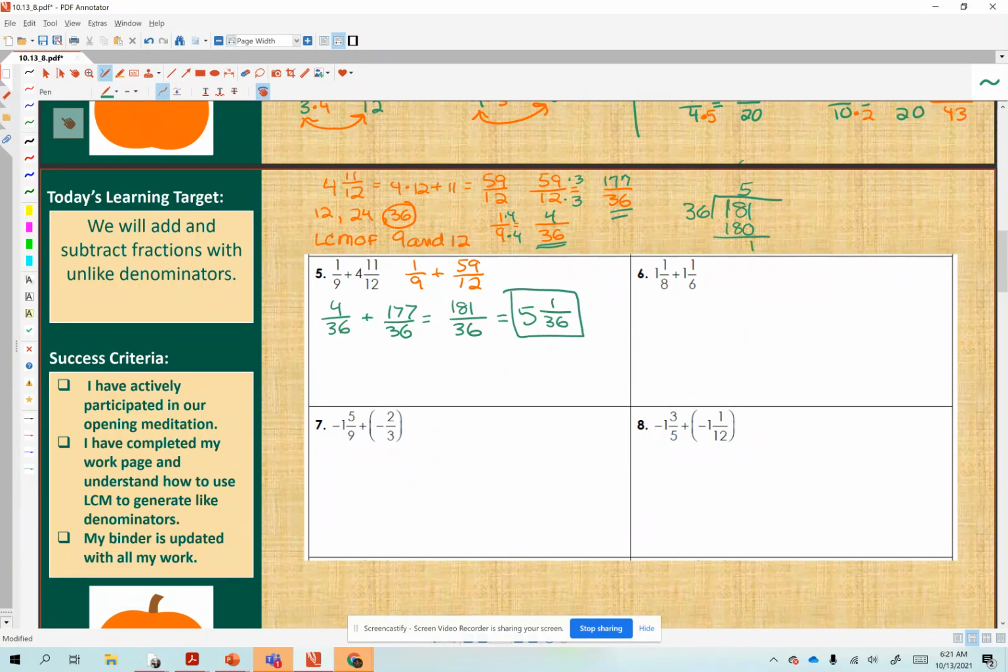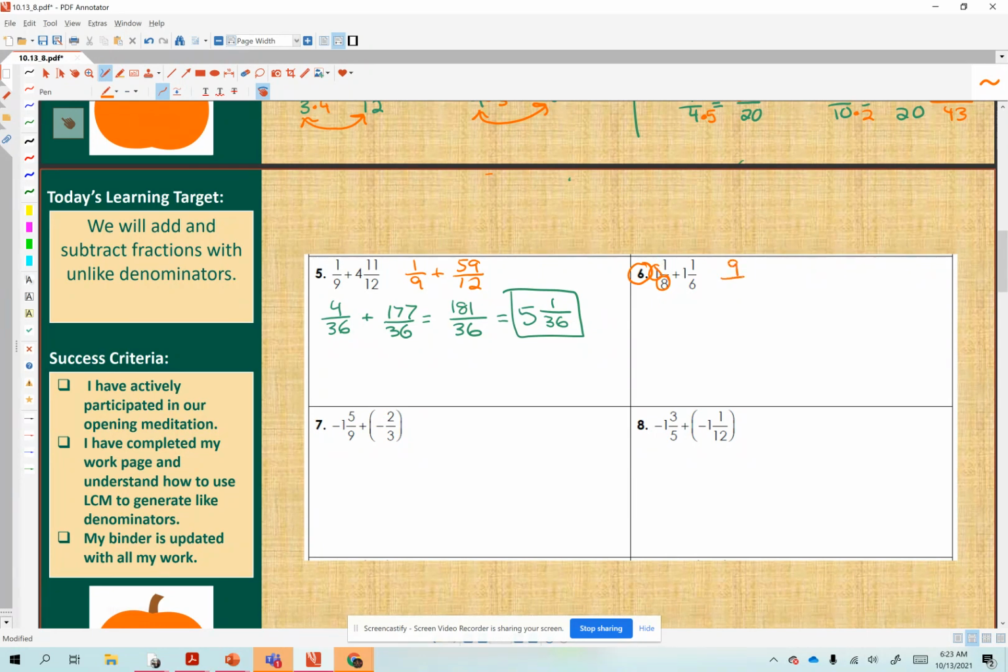Okay, let's move on to number 6. So we're going to convert 1 1/8 to an improper fraction and 1 1/6 to an improper fraction. 8 times 1 is 8, plus 1 more is 9.